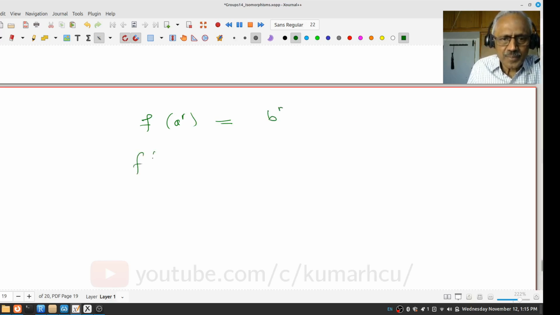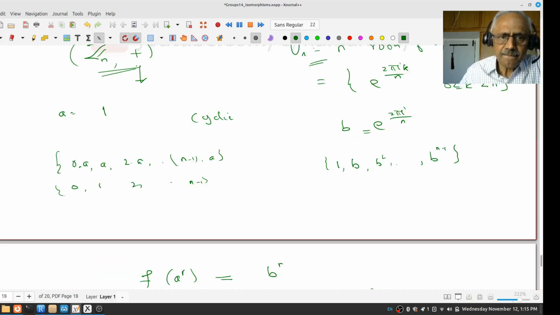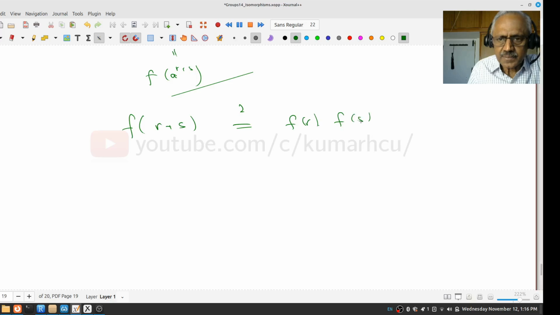Now let us look at what happens to f of a^r into f of a^s. This will be f of a^(r+s). Where will it go? It will go to e^(2πir/n) and e^(2πis/n). I want to check whether f of r plus s goes to f of r into f of s.